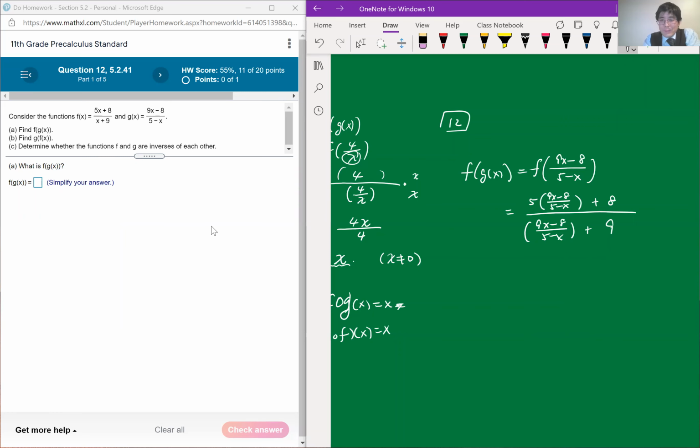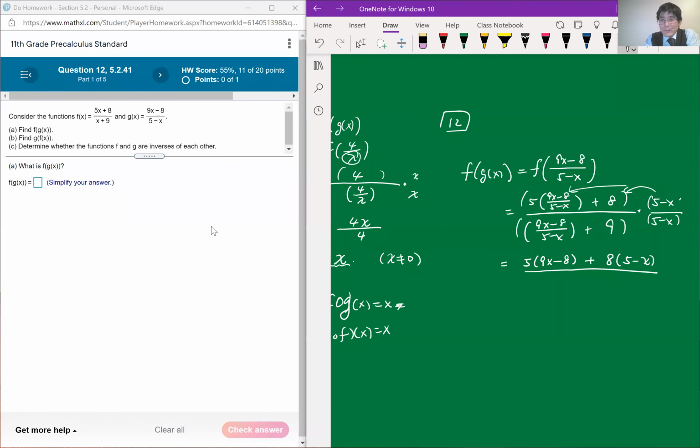Fraction inside the fraction. Let's multiply top and bottom by 5 minus x. Use the distribution. The first term in the numerator becomes 5 times 9x minus 8. Second term becomes 8 times 5 minus x.